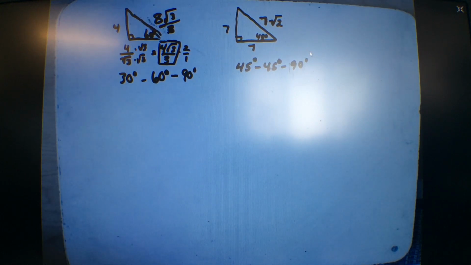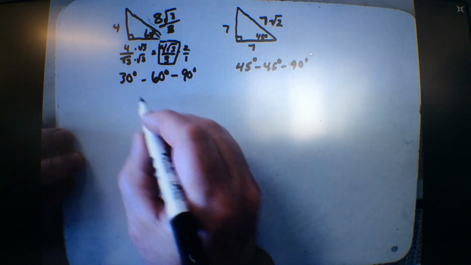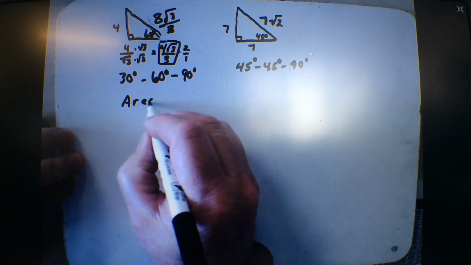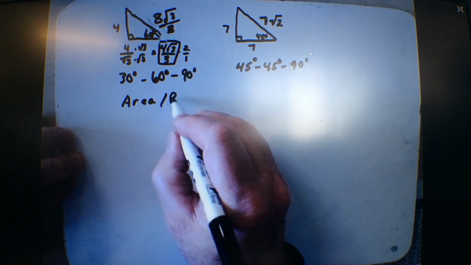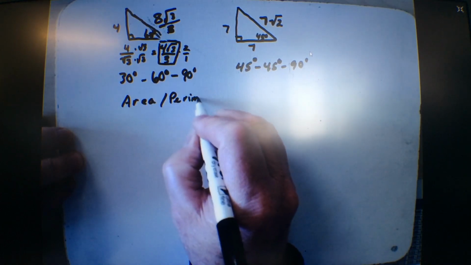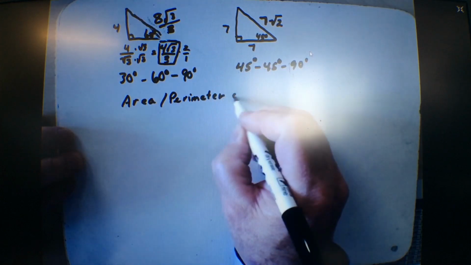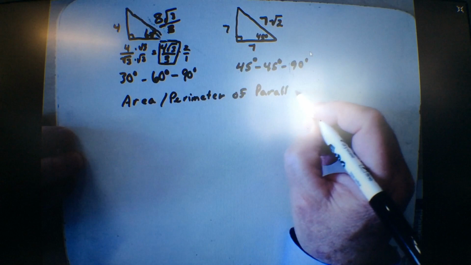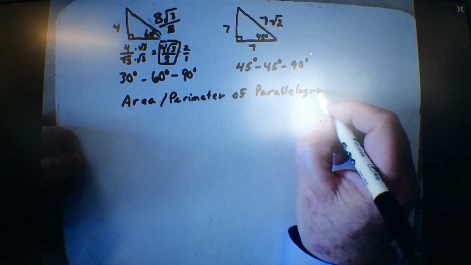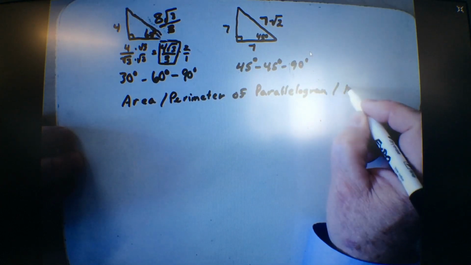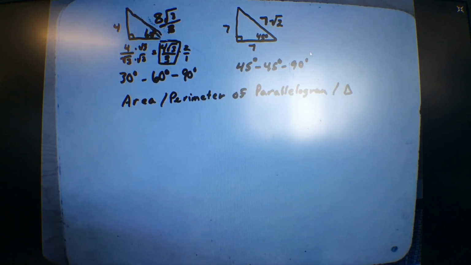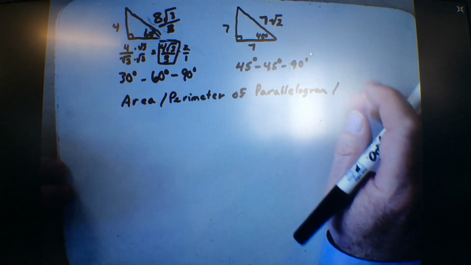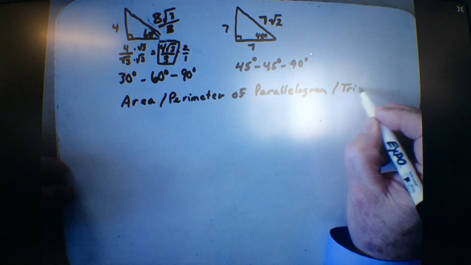All right, so today's lesson is really about the area and perimeter of a parallelogram and a triangle.